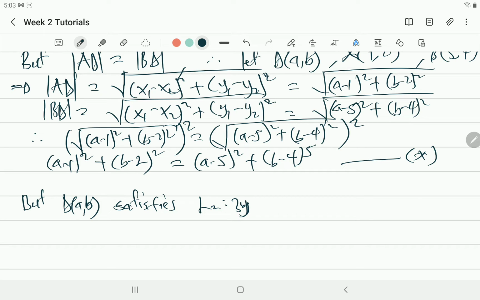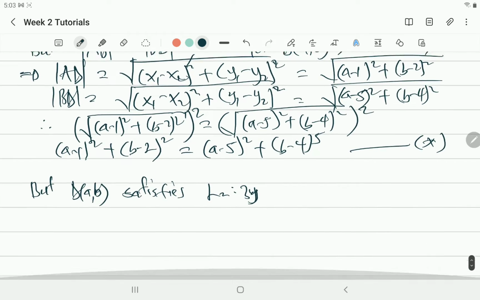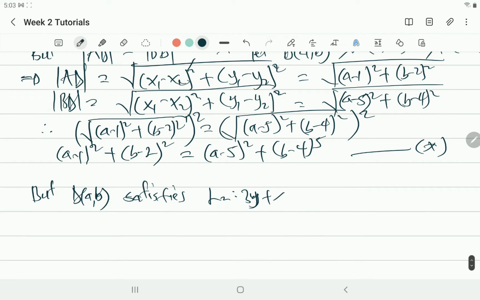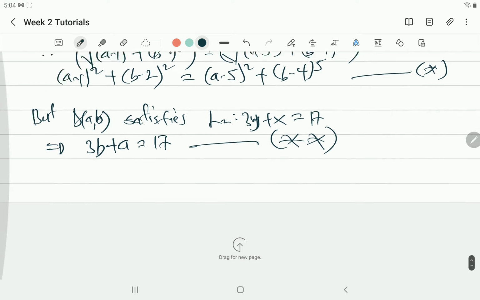So let me check the equation well. 3y plus x equals 17 implies that 3b plus a is also supposed to be 17. Now all we have to do is to solve equation star and equation star star simultaneously.